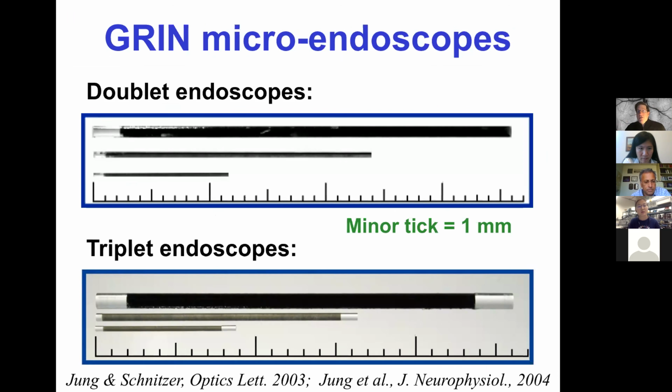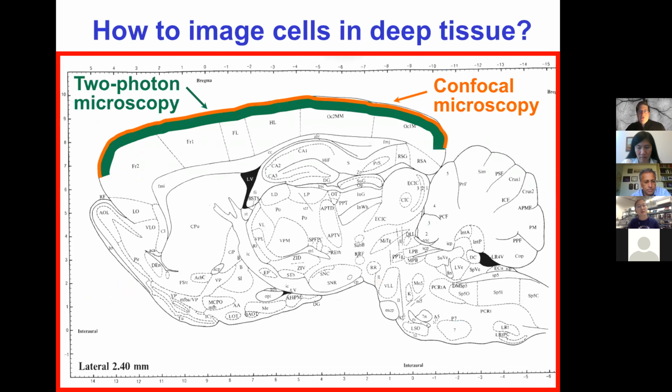Without the endoscope, you would be limited to hundreds of microns from the surface of the tissue, which I illustrated at the beginning of the talk. Here you can see some of the penetration depths of the conventional microscopy techniques with these colored bands indicating the depth. So it would be sub-millimeter unless you use the endoscope typically.